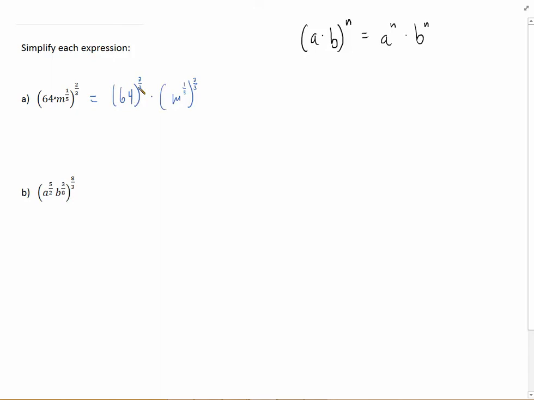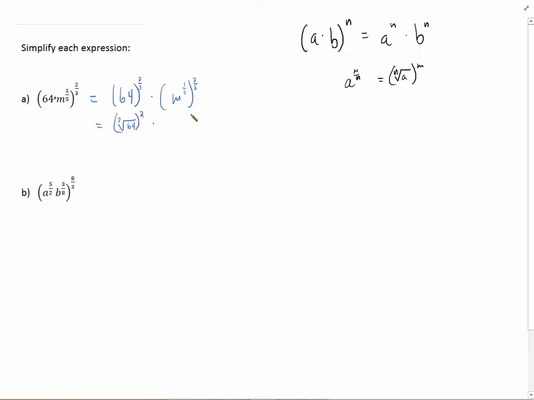Now 64 to the 2/3 power, using our properties of exponents, and remembering that a to the m over n is the same as the nth root of a to the mth power. So then this becomes the cube root of 64 squared.